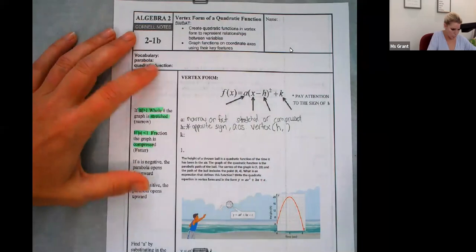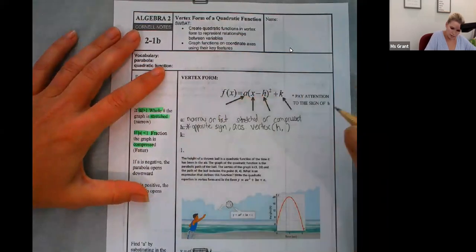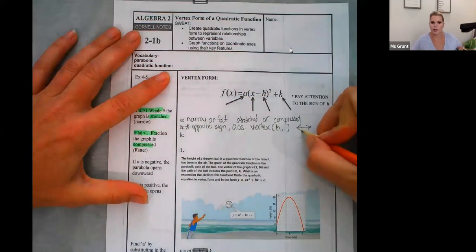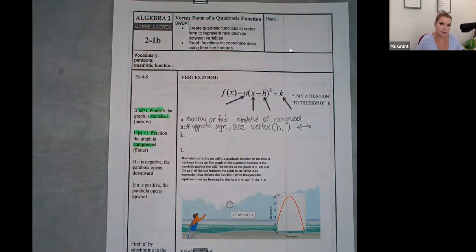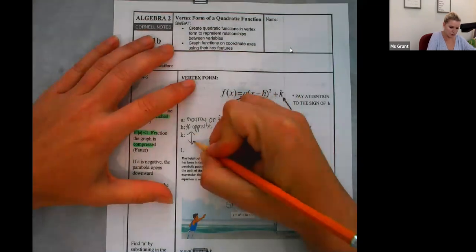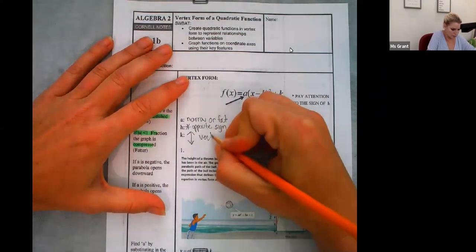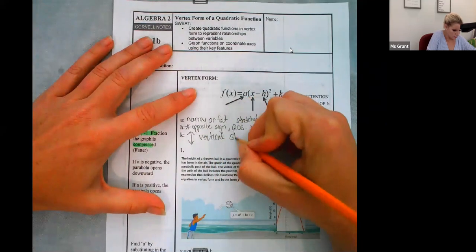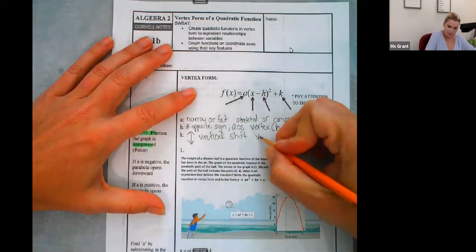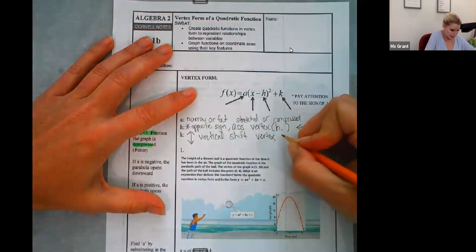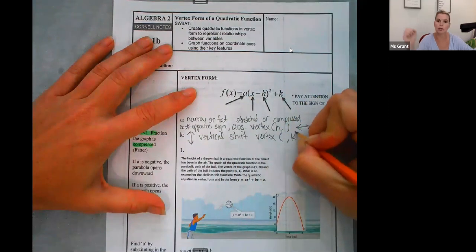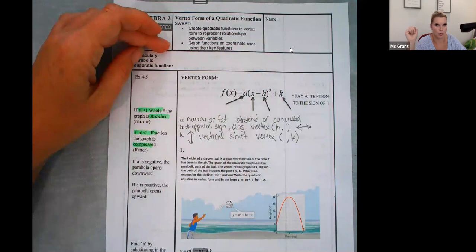My K, H also tells me if I have a left or a right shift, shifting right, shifting left. The K tells me whether I shift up or down. That we call a vertical shift. In the vertex, my K is the second number in the ordered pair.